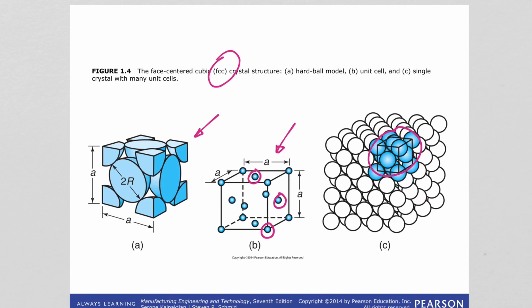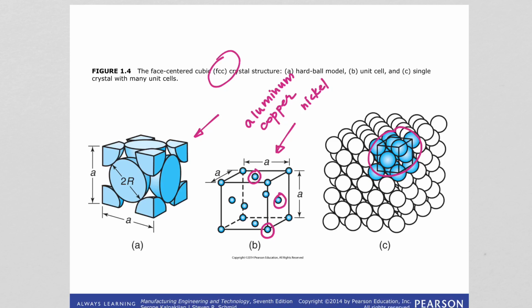And FCC, what type of materials are FCC materials? Usually these are aluminum, copper, nickel. So it is important to at least get an idea. For example, aluminum is FCC.